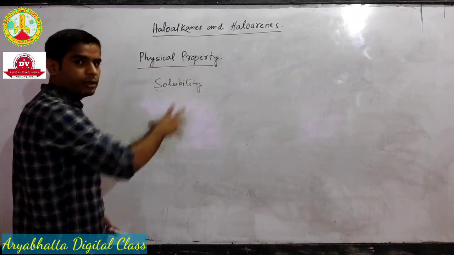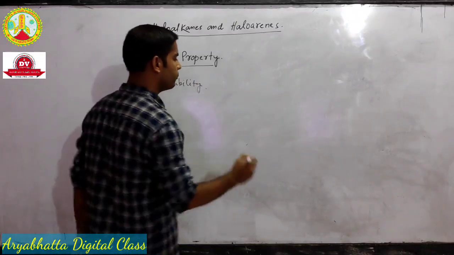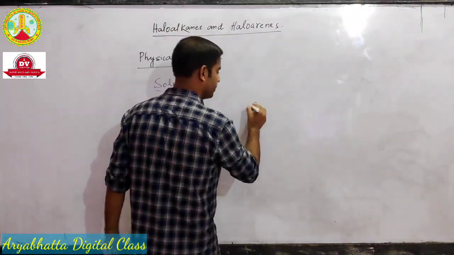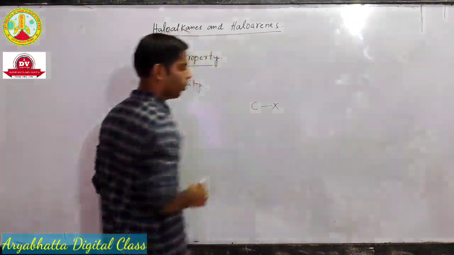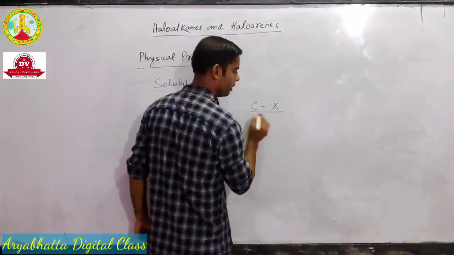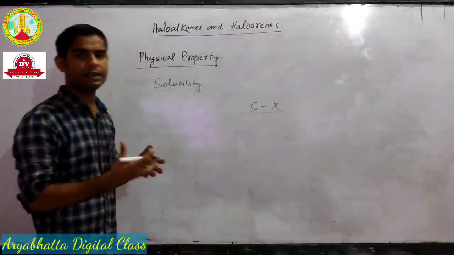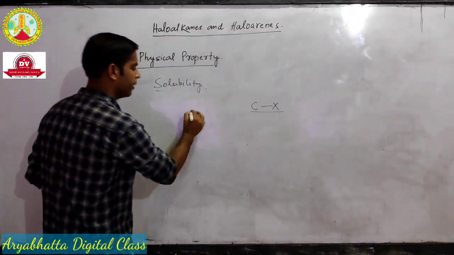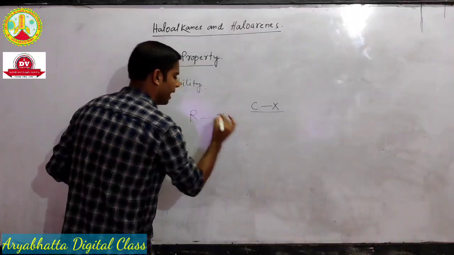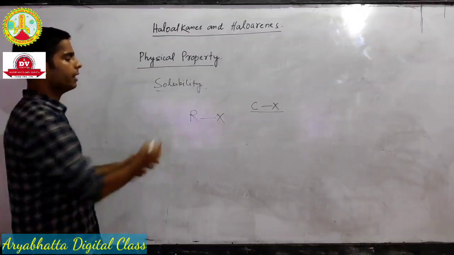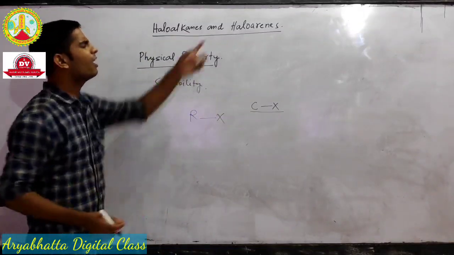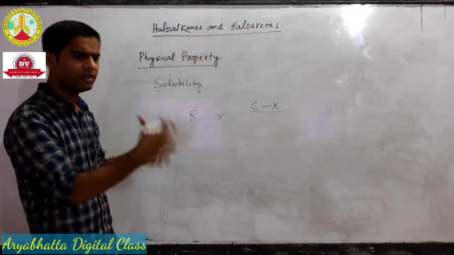In order to check the solubility, we have to understand that we have a C-X bond, a carbon-halogen bond, present in the haloalkane. Apart from that, this halogen is connected to an alkyl chain or aryl chain. For haloarenes, it's a benzene ring.